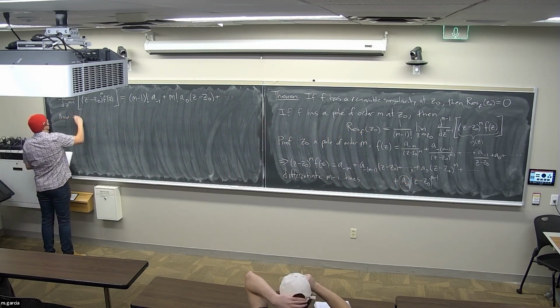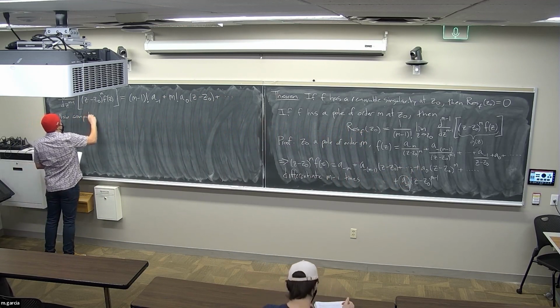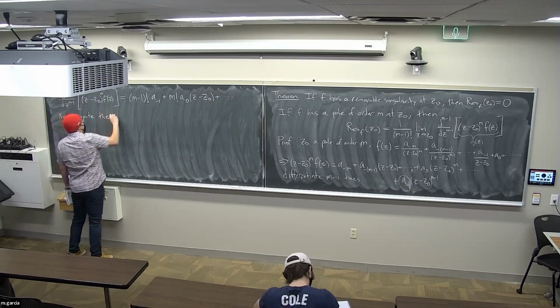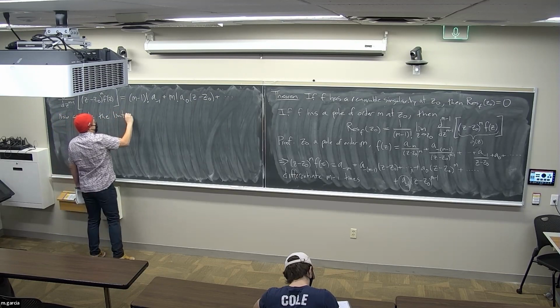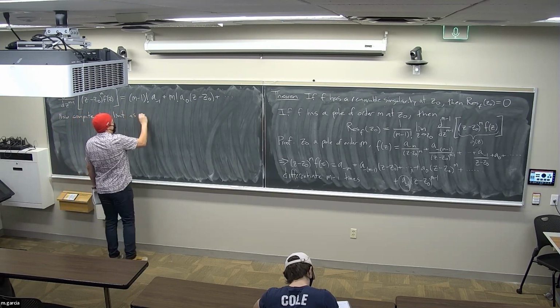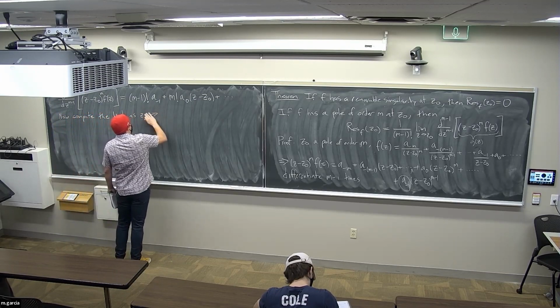So now compute the limit as z goes to z naught.